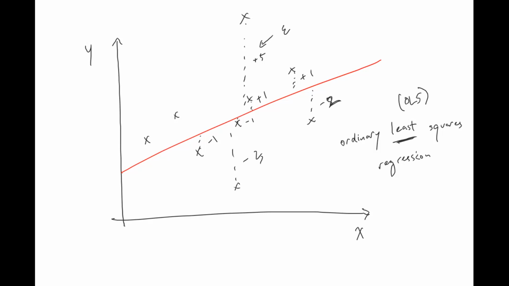Why do we do a least squares instead of an absolute value normally? Who's taken classes on regression before? A couple people. OLS is by far the most common way of doing linear regression. So why don't we do absolute value? It turns out that this type of approach was first derived in the 1930s, back before we had good computing power.